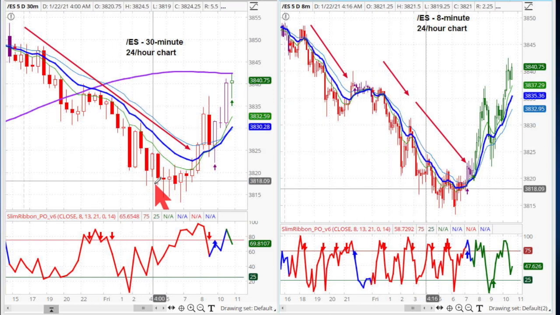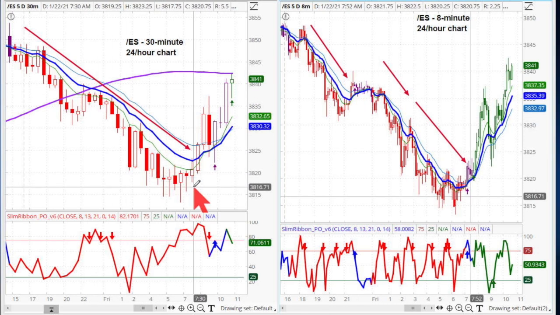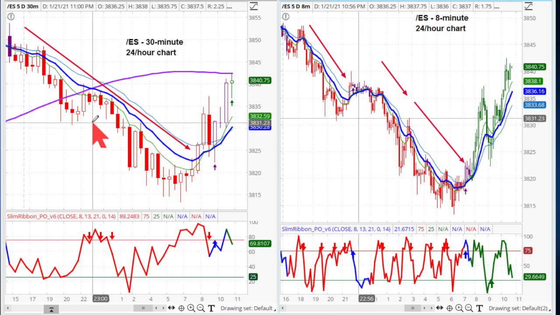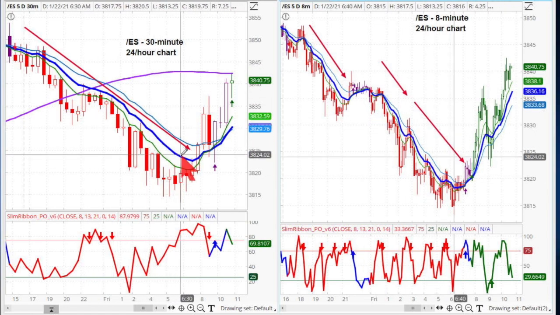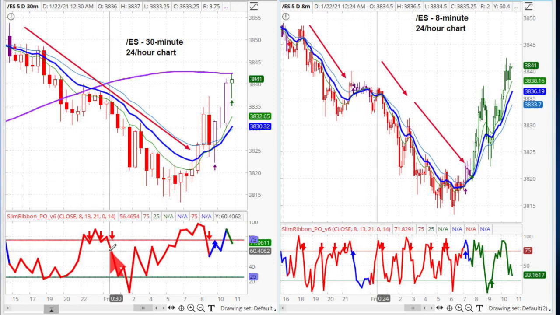If you don't use Thinkorswim, which is our preferred broker, you can open up an account right on the front of our webpage with TD Ameritrade. If you don't have that, you can create this ribbon on any of the platforms that you might do your charting on.